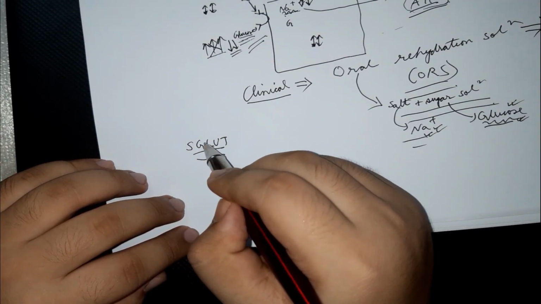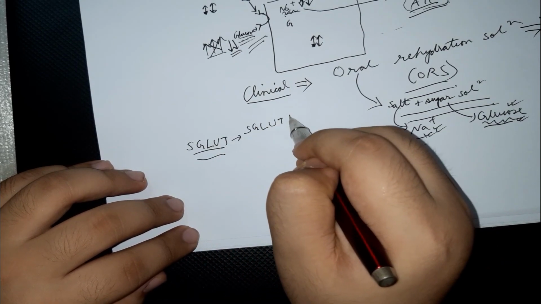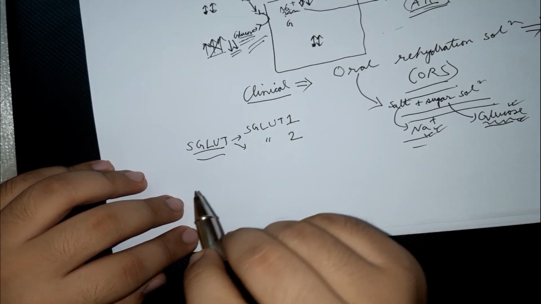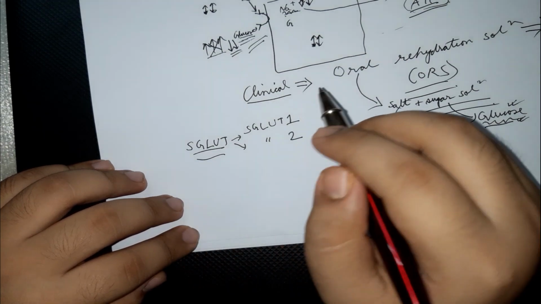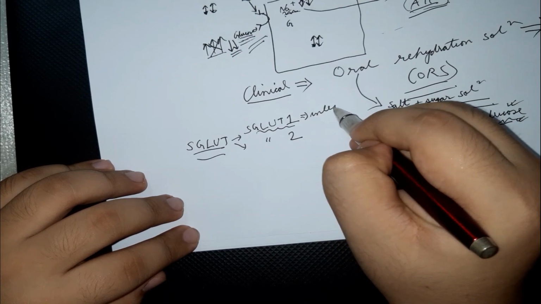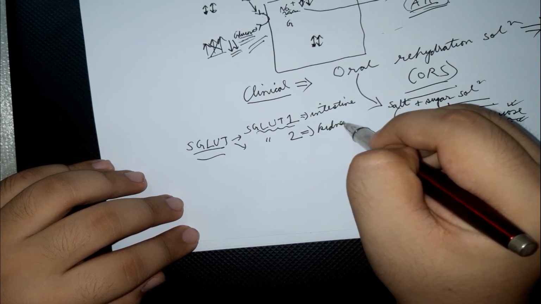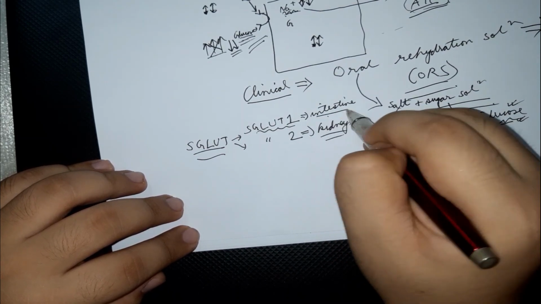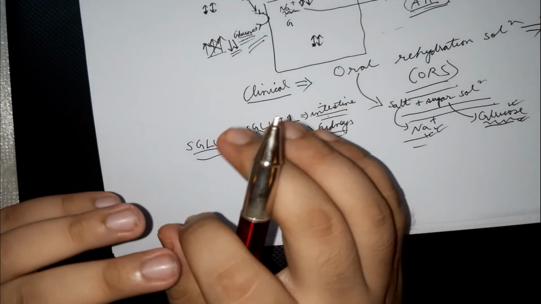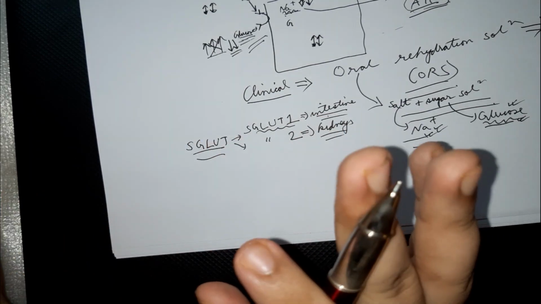One sodium dependent glucose transporter is known as SGLUT1, and the other is known as SGLUT2. SGLUT1 is found in the intestine, whereas SGLUT2 is found in the kidneys. Both of these have their own clinical implication, but we are not going into that much detail. We may talk about this later, but for now this will suffice.